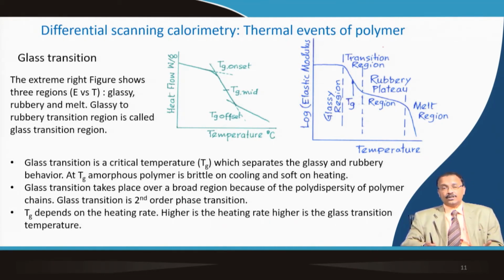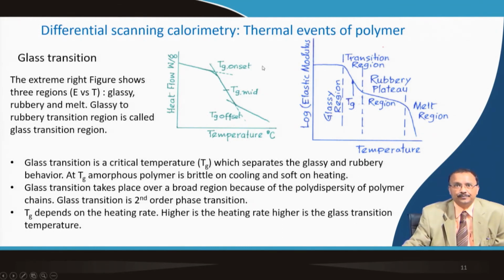Glass transition usually takes place over a broad region, mainly because of the polydispersity of polymer chains, and it is a second order transition. And Tg actually depends on the heating rate. If the heating rate is increased, then the glass transition temperature is also increased. So, in DSC, it is just a small kind of variation like this.